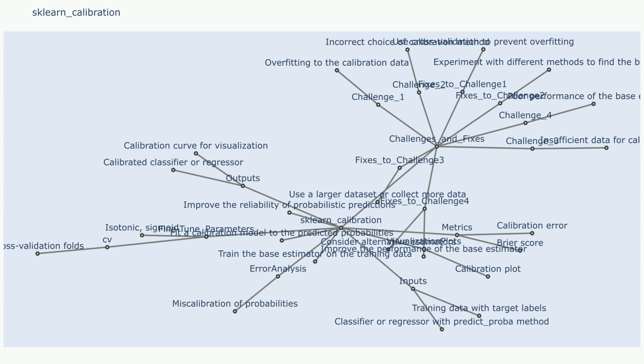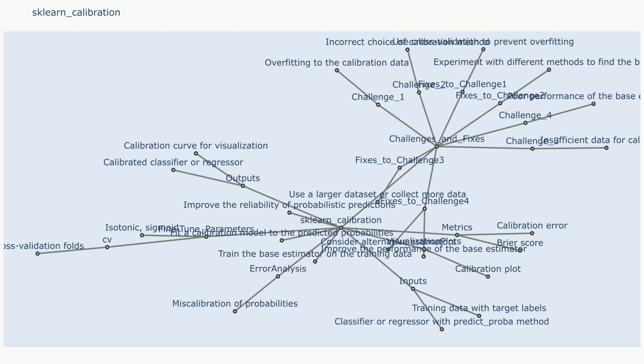Isotonic regression uses a monotonic function to adjust the predictions, ensuring that the calibrated probabilities are non-decreasing as the original model's predictions increase. Histogram binning divides the predictions into bins and adjusts the probabilities within each bin based on the observed outcomes in that bin.